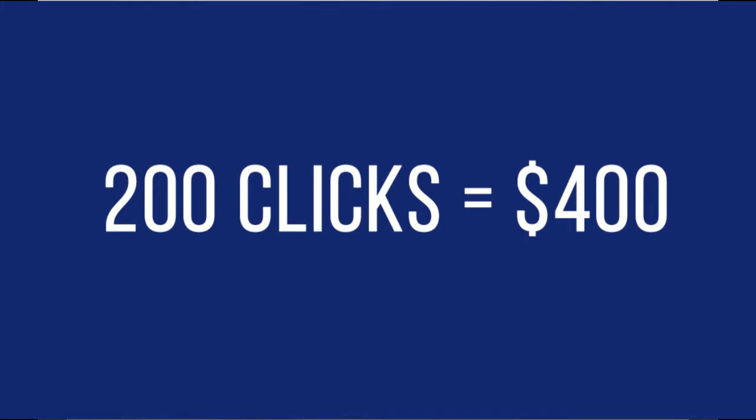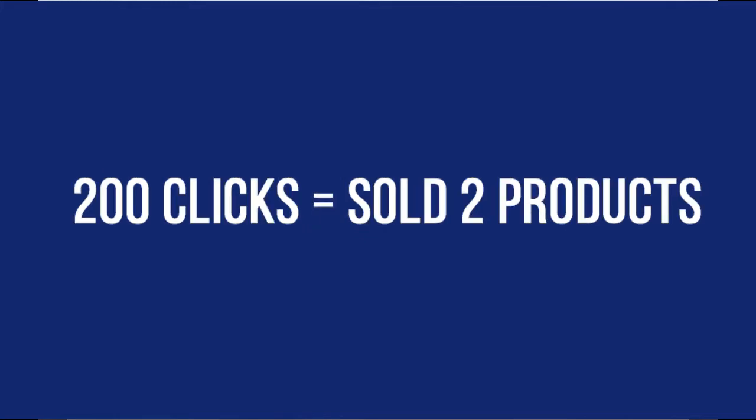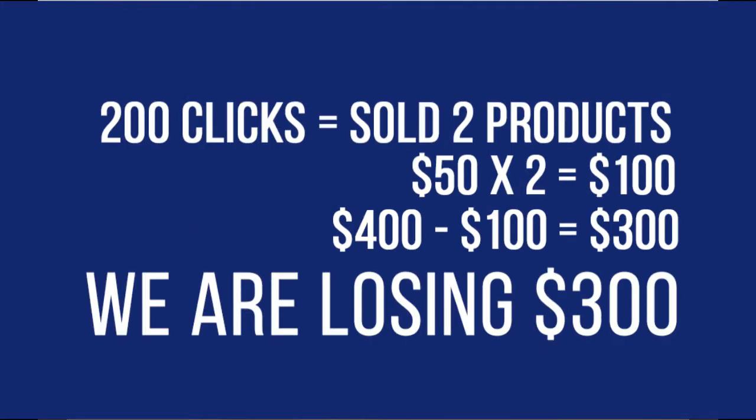So if you have 200 clicks on your website, you've already spent $400. Let's say after sending 200 clicks, you end up selling just 2 of your products. That's $50 each, so you sell $100 worth of products.